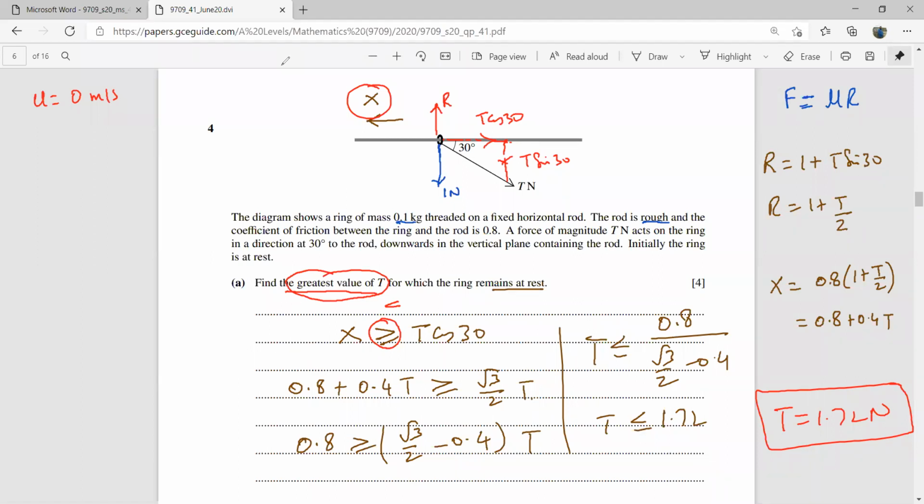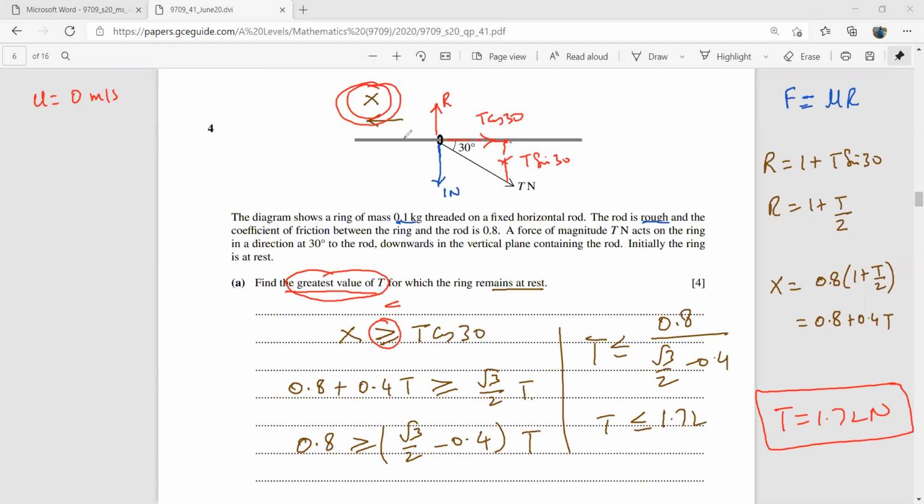So then how would we find the minimum value of T in this case? The minimum value can be anything, because there is no resisting force. Look, the minimum force depends on the amount of this frictional force. The bigger this frictional force, the more the minimum force required here, right?